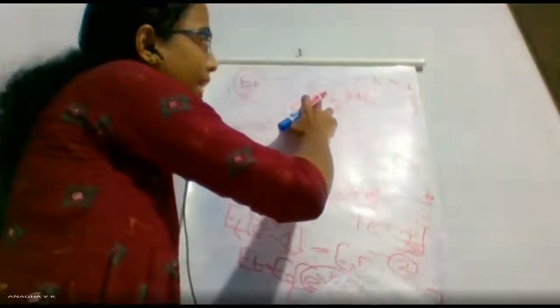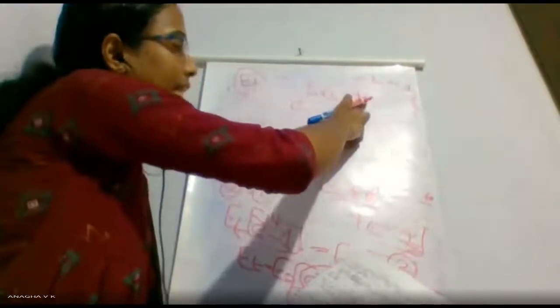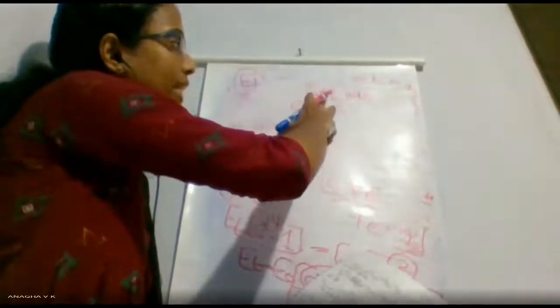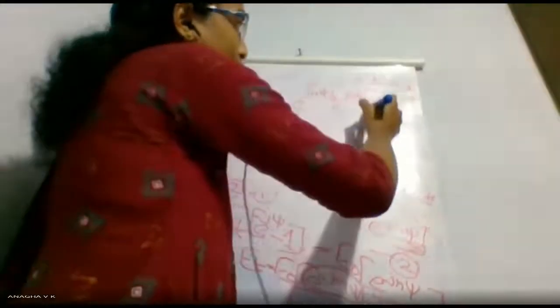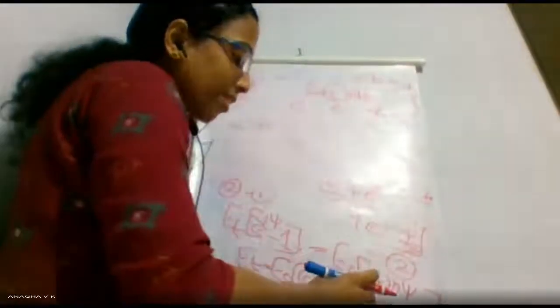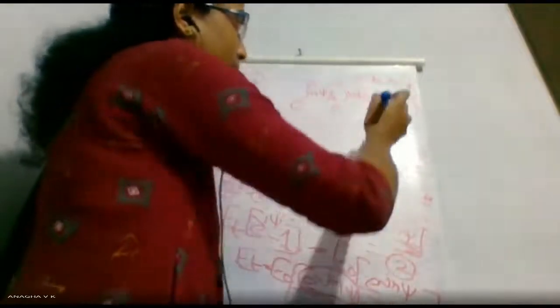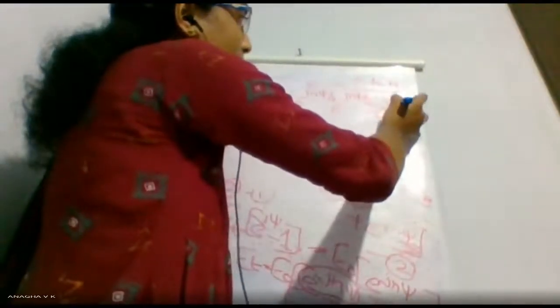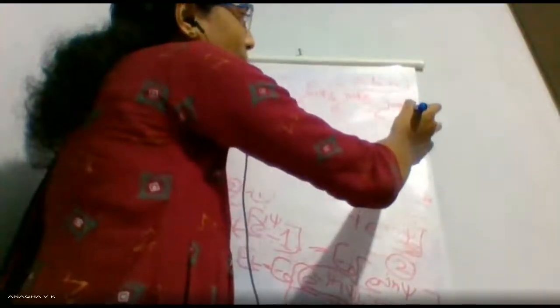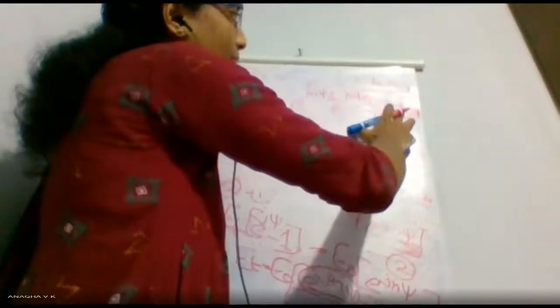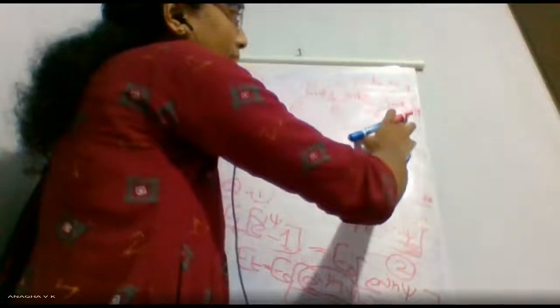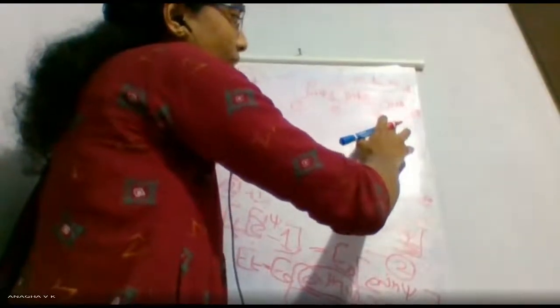So e raised to j n psi by 2 plus j n psi by 2 means e raised to j n psi. So e raised to j n psi minus 1, how can we write? e raised to j n psi by 2, e raised to minus j n psi by 2. j n psi by 2 minus j n psi by 2 gets cancelled. So e raised to 0, 1.